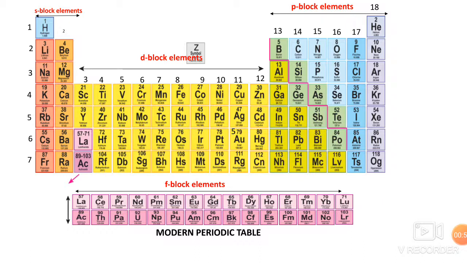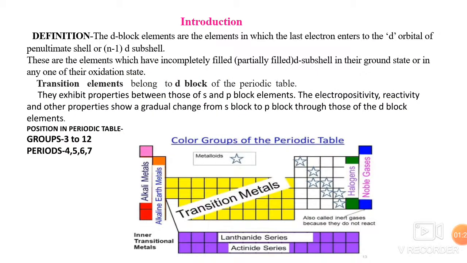So, in the 12th standard chapter, transition and inner transition elements, we are going to study in detail D block and F block elements. First, we will see the definition of D block elements. D block elements are the elements in which the last electron enters the D subshell of the penultimate shell.